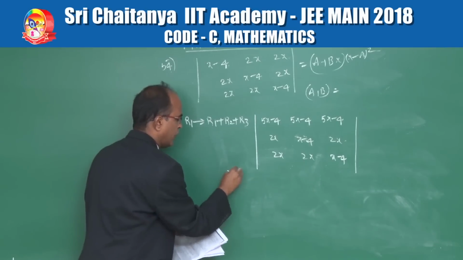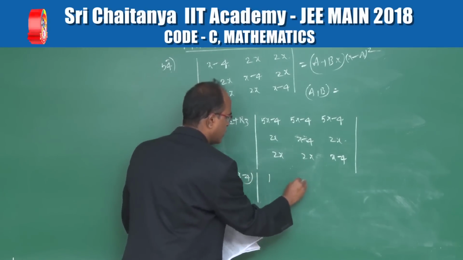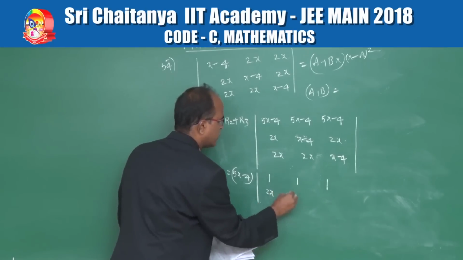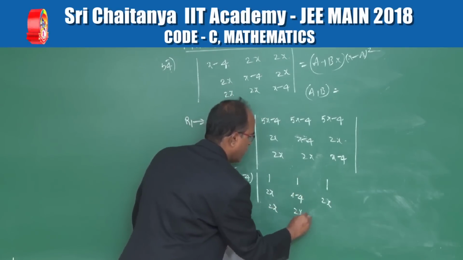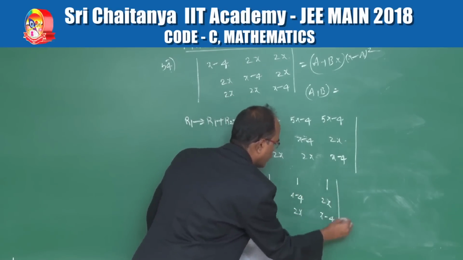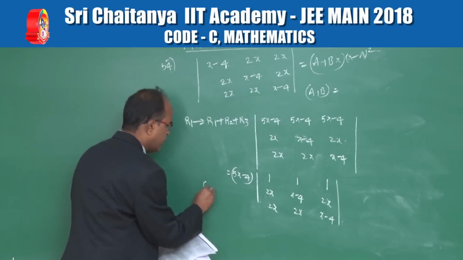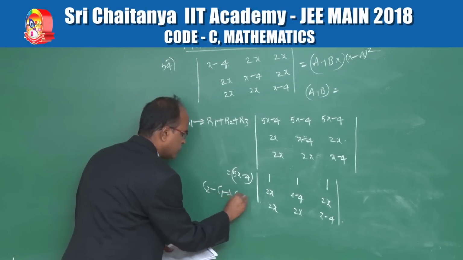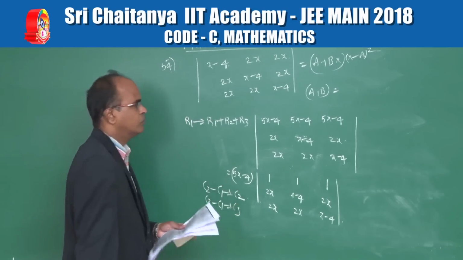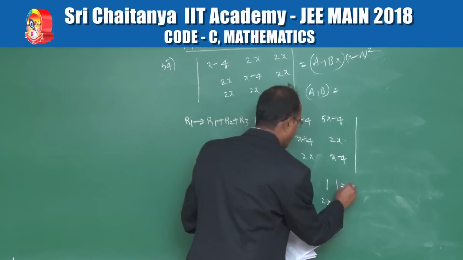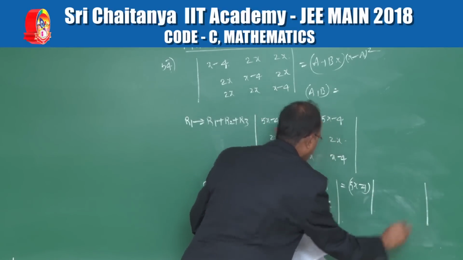We can now take 5x minus 4 common, giving the determinant with first row 1, 1, 1, then 2x, x minus 4, 2x, and 2x, 2x, x minus 4. We now do the standard column operations, namely C2 minus C1 changes to C2, C3 minus C1 changes to C3, and this now becomes 5x minus 4 into the determinant.